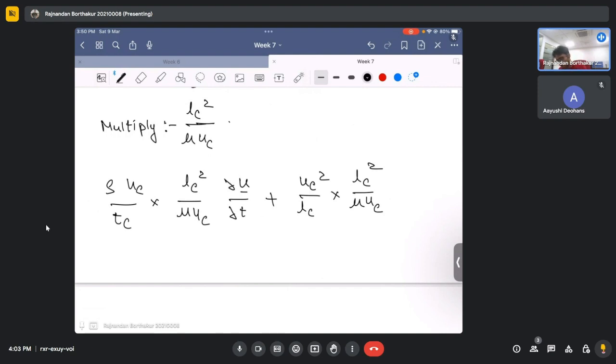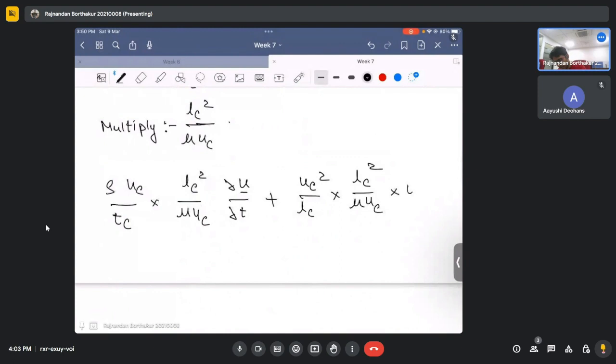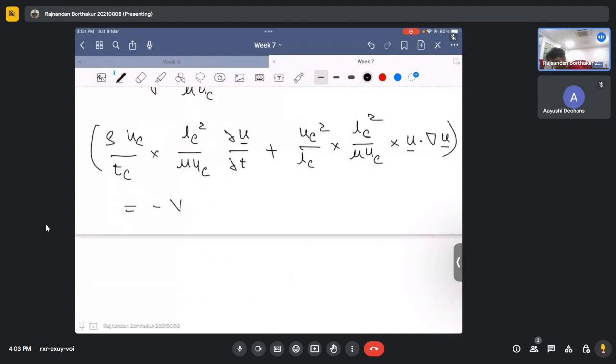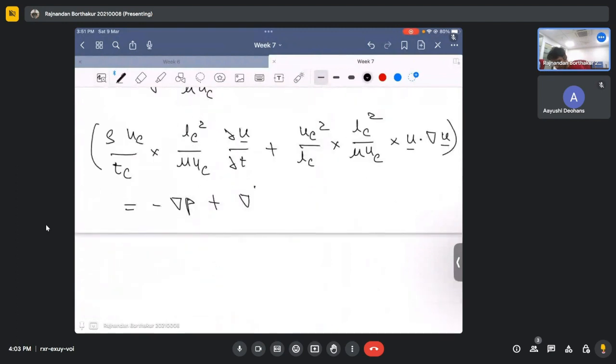Please check the algebra if I'm making any mistake. And this is U dot grad U. The right hand side, because I have divided the entire equation by the reciprocal of this term, is equal to this term, so it would simply end up being gradient of pressure plus del square of U.